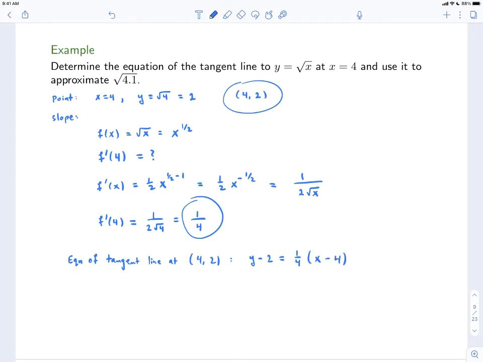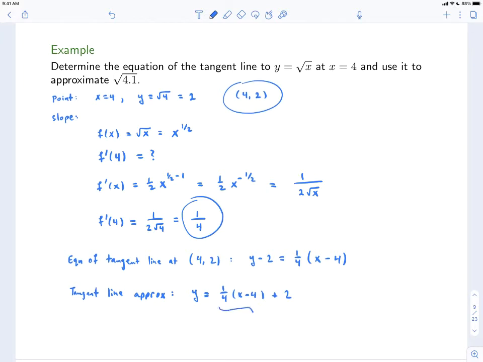If we want to find the tangent line approximation, we basically just solve for y. So the tangent line approximation is y equals 1/4 of (x minus 4) plus 2.